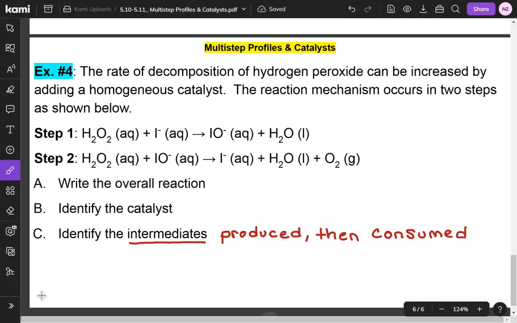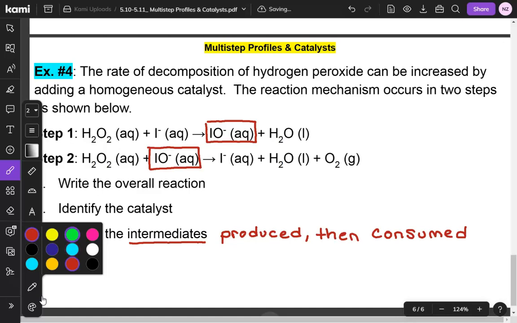If you're looking at our two reactions, you'll notice that our IO minus is produced in the first reaction, and then it is used as a reactant in the second reaction. So that would be an intermediate because it is produced and then it is used up in the reaction.